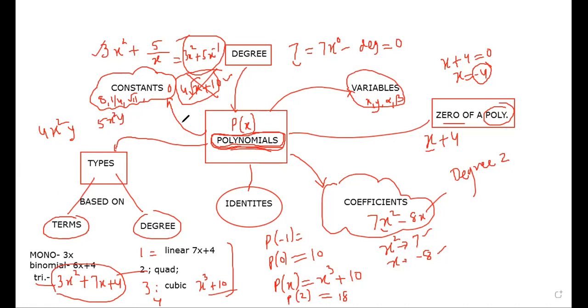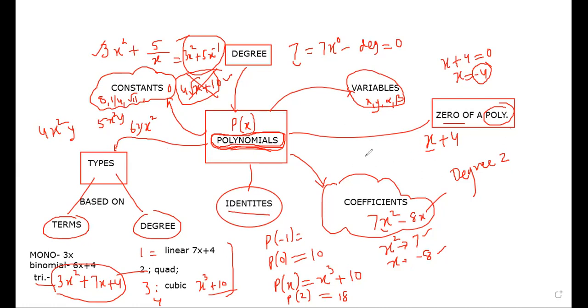They are like terms. And even if I write 6yx square, it's like terms, because the positions of the variables are different but the powers are the same. Here x square y comes, there also yx square comes. So these are the basic things of polynomials that you should know. We will go to identities later.